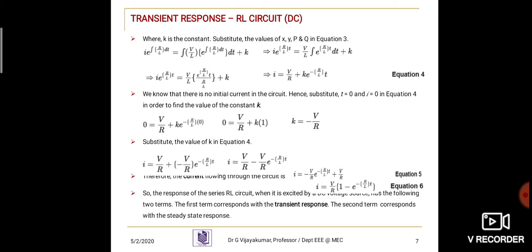This is equation 6. So the response of the series RL circuit when it is excited by a DC voltage source has two terms. The first term corresponds to the steady state response and the second term corresponds to the transient response.